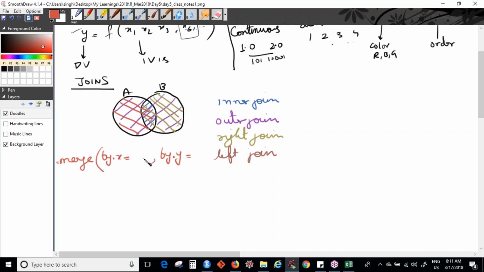So by.x the column name, by.y the column name, and then you write all.x is equal to true if you want to do a left join. You write all.y is equal to true if you want to do a right join, and you just write all is equal to true if you want to do an outer join. By default it does an inner join. So that's how the syntax is.